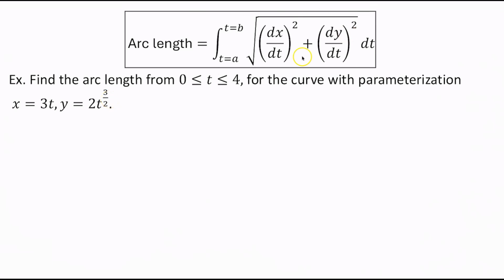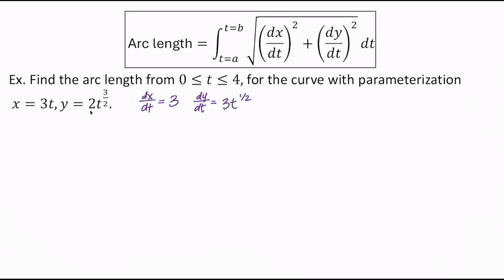So we're going to use this formula here. We are given our t values, t equals a to t equals b. So we just need to find dx dt and dy dt. So here, off to the side, I'm going to go ahead and calculate dx dt, just the derivative of x, that's 3. And then dy dt, using the power rule, 3 halves times 2 is just 3, so 3t to the 1/2.